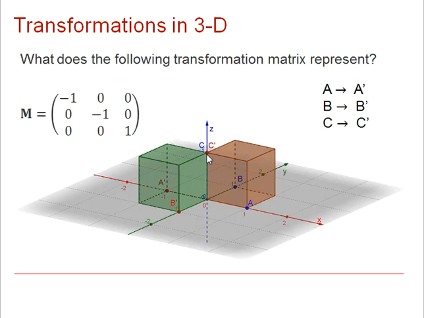Okay, so C, which was 0, 0, 1 on the Z-axis, has not changed, but the other two, in effect, you can see that A has rotated round, in whichever direction, 180 degrees, to a transformed point A dash, and so has B. So in effect we can see that this is a rotation of 180 degrees about the Z axis.